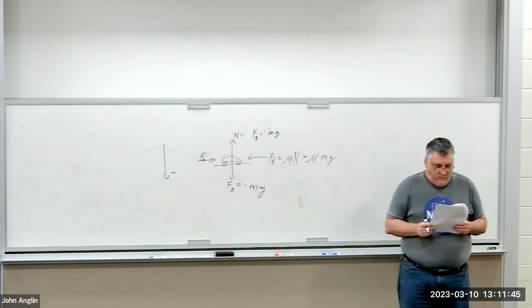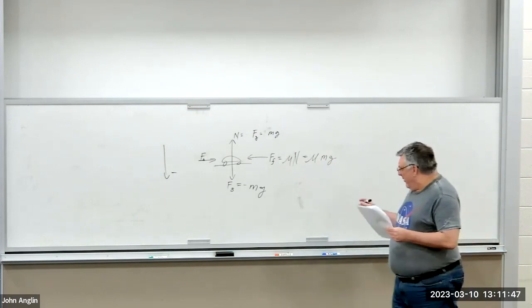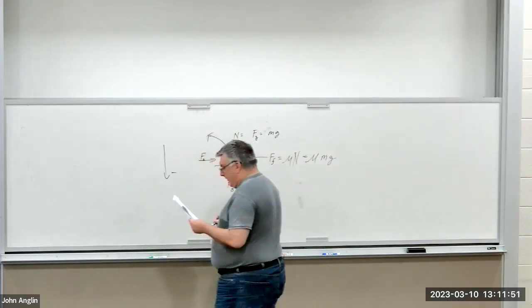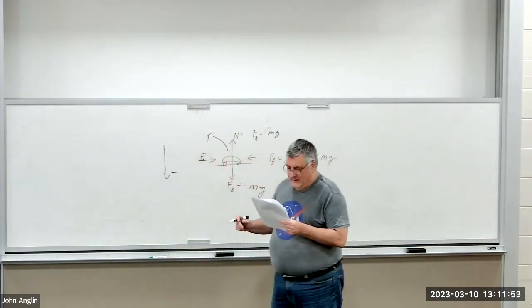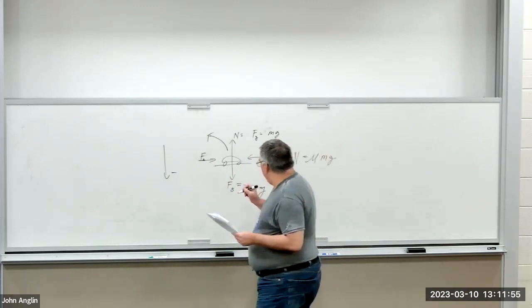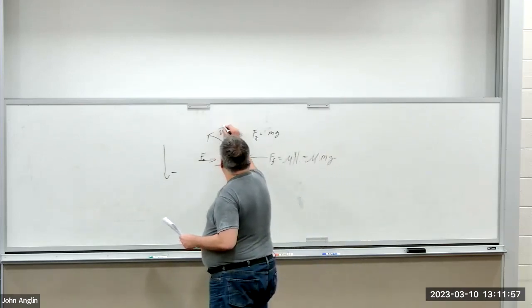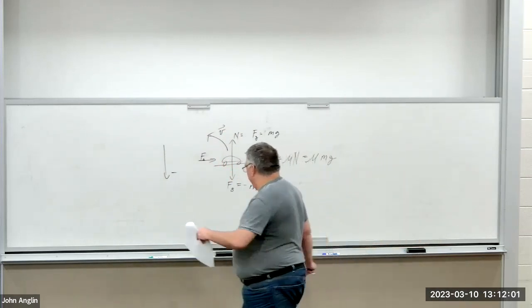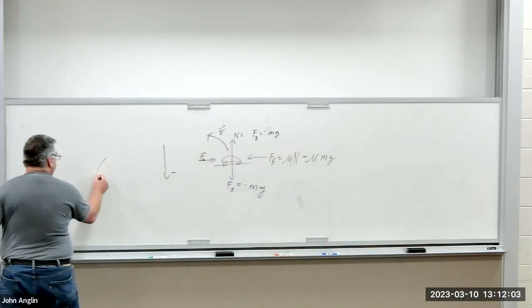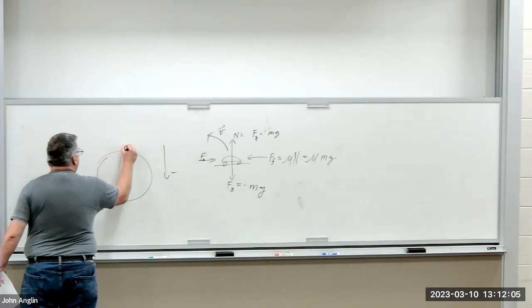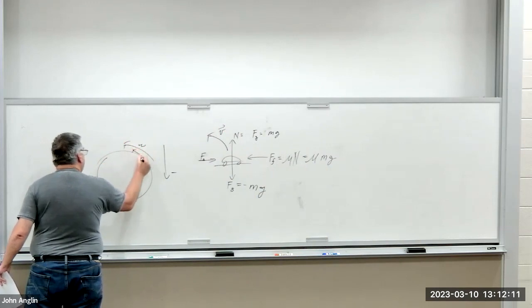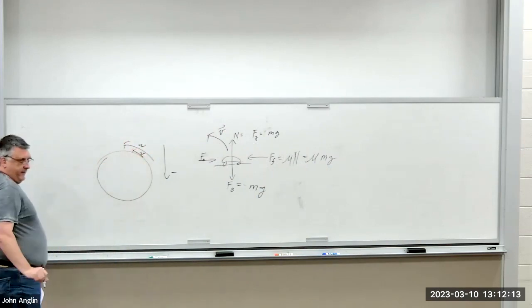Cool. Well, we know that the car is going around the circle, and it's going around the circle at some velocity v. So if we were to look at this from an overhead perspective, we have some angular motion there and some velocity.